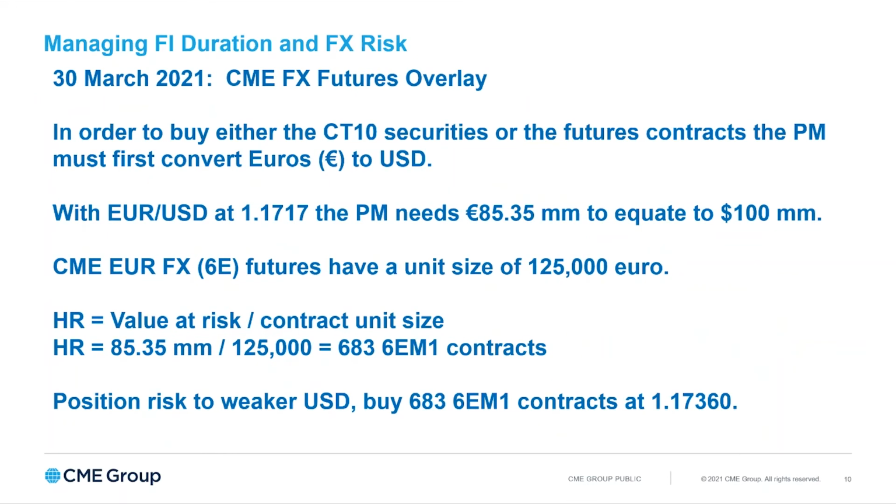And at the same time, she wants to create a currency overlay to limit the currency risk exposure to this transaction. And in order to do this, the first step to buy the futures or the cash would be to convert euros to dollars. At the time of this transaction, the exchange rate, 1.1717, means that this portfolio manager needs 85.35 million euros to get that equivalent $100 million risk position.